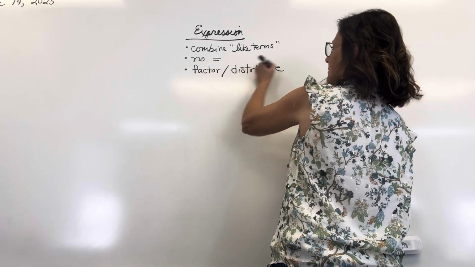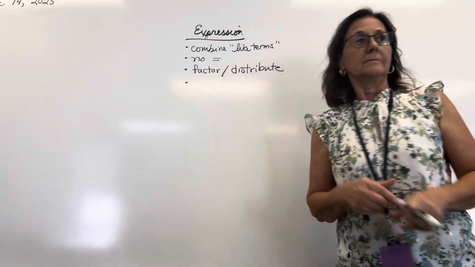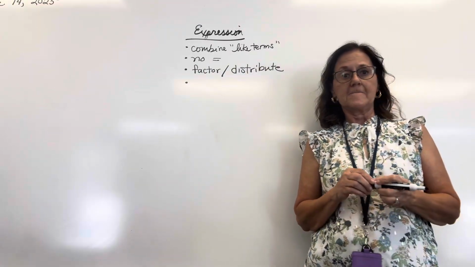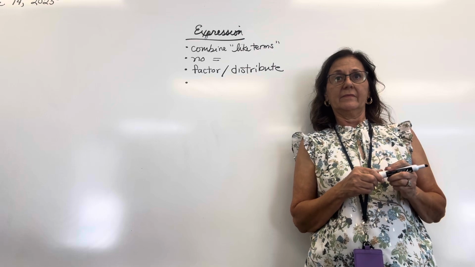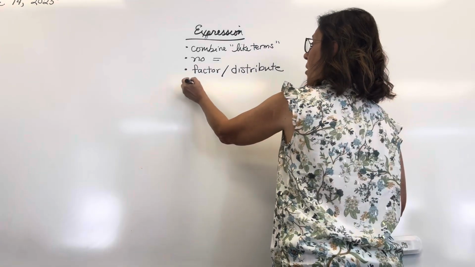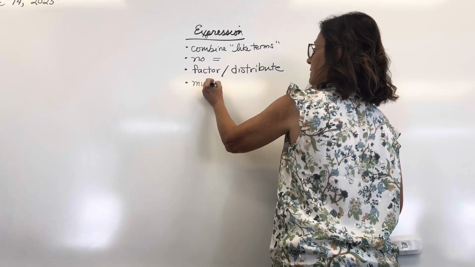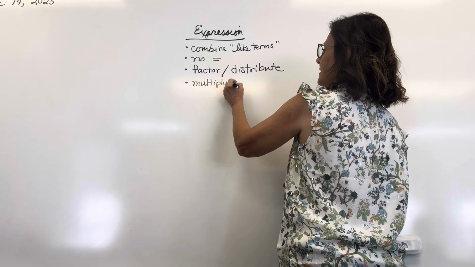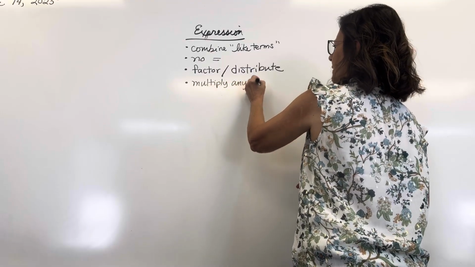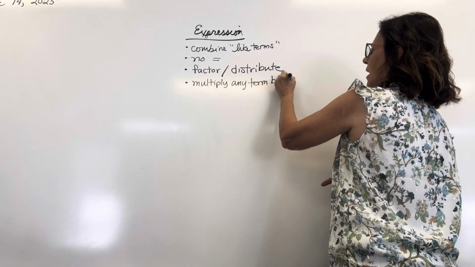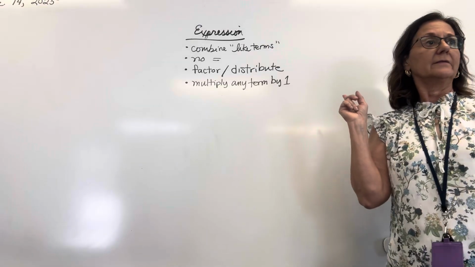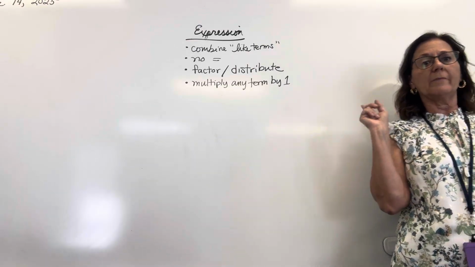All right, what else? Multiply by 1. And when we multiply any term by 1, what would be the goal for that? Why would we multiply any term by 1?